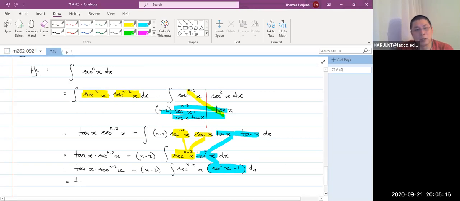This is tangent x times secant n minus 2 of x minus n minus 2, and then this is integral secant to the n of x dx minus integral secant to the n minus 2 of x dx. Wow.